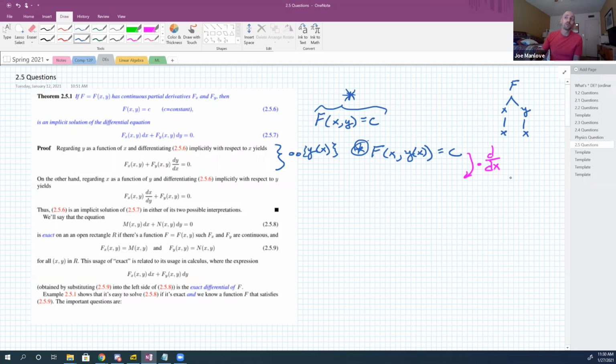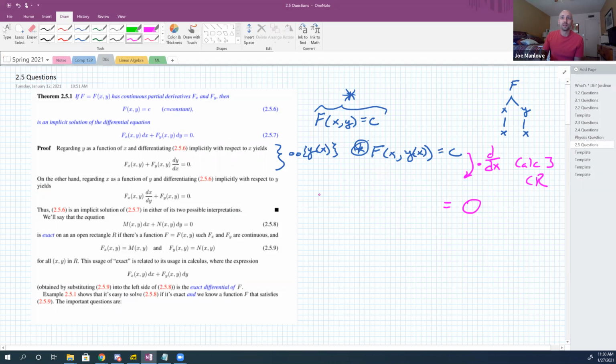So the Calc 3 chain rule says that when I hit this thing with the derivative, I'm going to get 0 on the right-hand side at least, because everybody's on board that the derivative of a constant is 0. Now, on the left-hand side, I need to write down the whole chain rule.